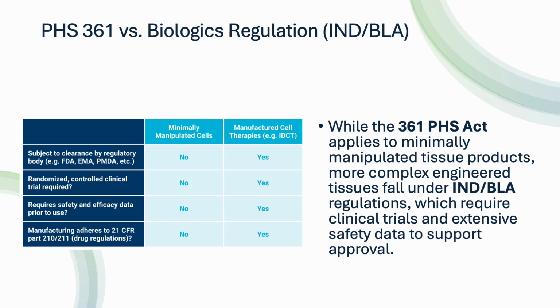So while the 361 PHS Act applies to minimally manipulated tissue products, more complex engineered tissues fall under IND BLA. So we need to do clinical trials. And of course, we have to follow the regulations related to the BLA application, which require clinical trials and extensive safety data to support approval.